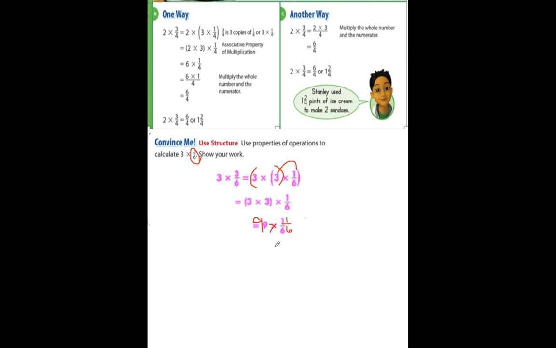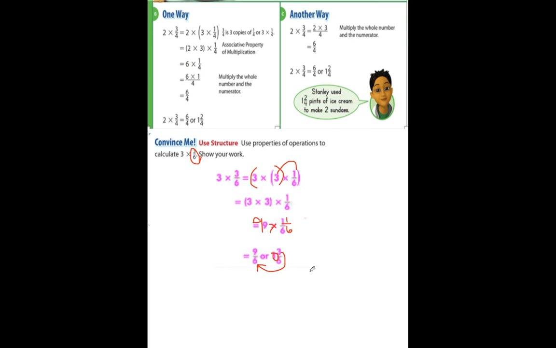Now, see, I wrote that and I popped it up. Now, 9 times 1/6 gives me 9/6. And then I do my division. 9 divided by 6, 6 goes into 9 once. I have 3 left over, and I put that 3 back over the original denominator.